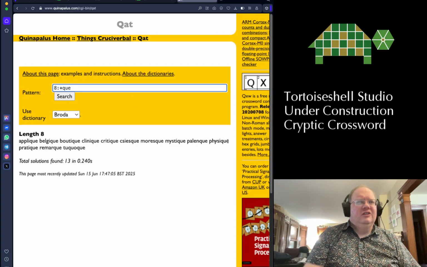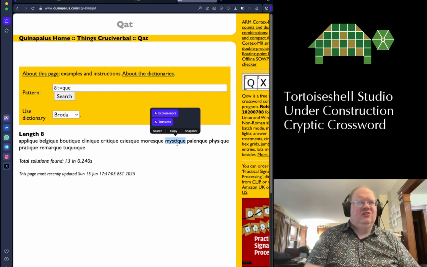Just trying to look at these to see if any sort of cluing angles suggest themselves based on the letters. Like Mystique, you could have something like quiet and my as part of an anagram.